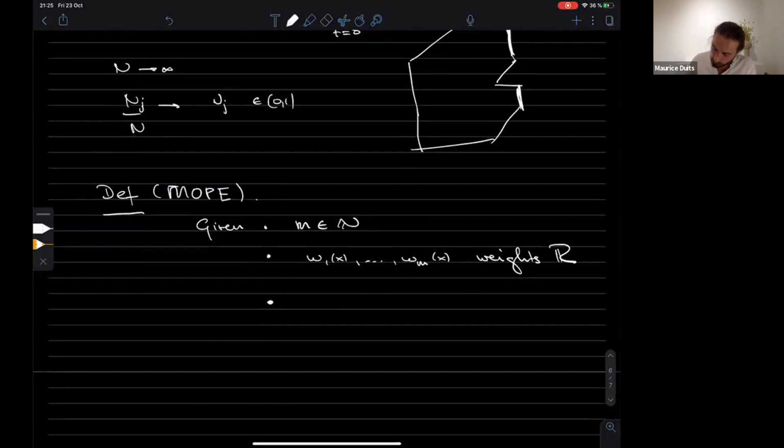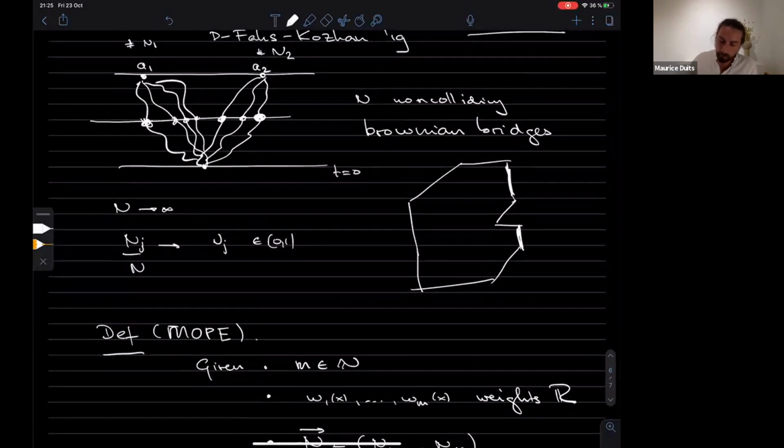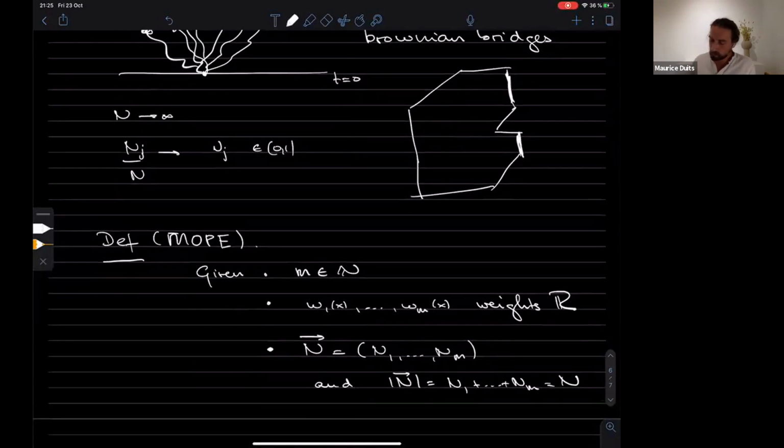So this will be collected in a vector, N_1 to N_m, and the length of this vector is just the sum of the entries N_1 to N_m. This is capital N. Okay. So the weights correspond to the different endpoints. These N_1 to N_m are the multiplicities of these, right?